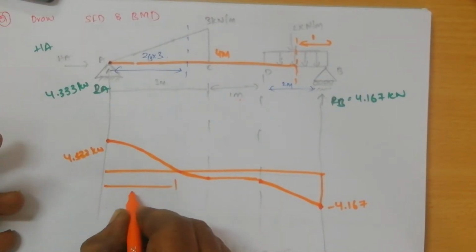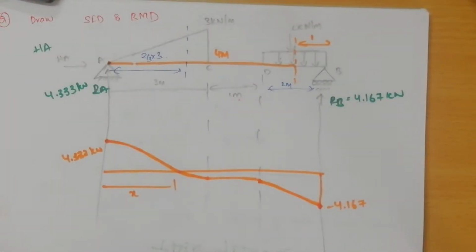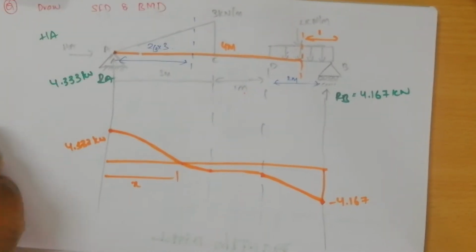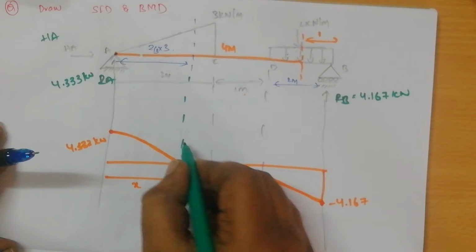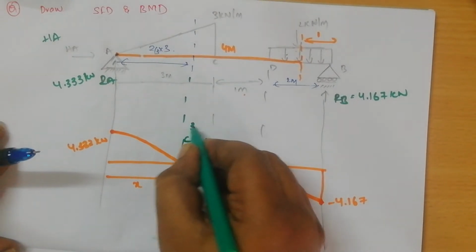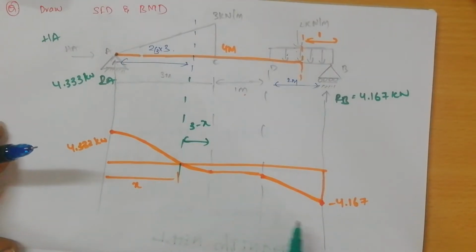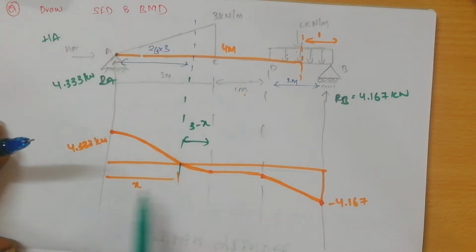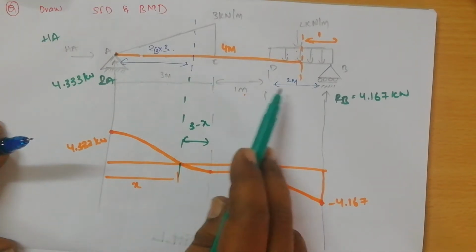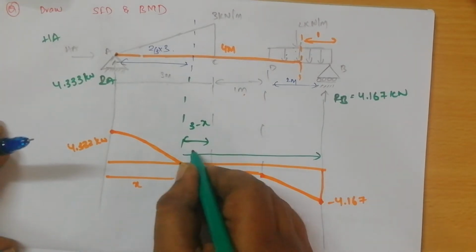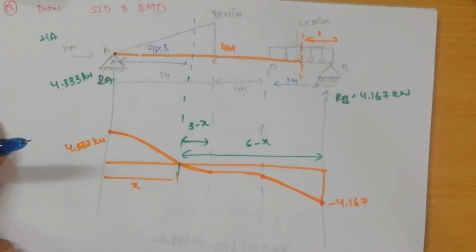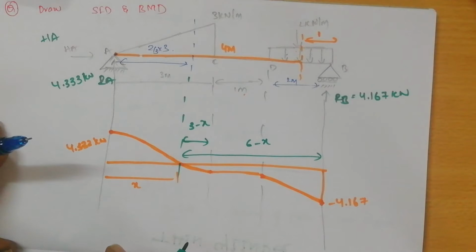I have to calculate this distance, which is x. So this is your x. If this is your x, obviously I will mark all the lengths with respect to this value. This is your distance 3 minus x. Okay. So the total distance is 6. So obviously from here to here the remaining distance will be 6 minus x. Okay. 6 minus x. Clear?